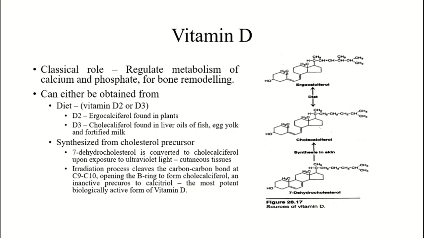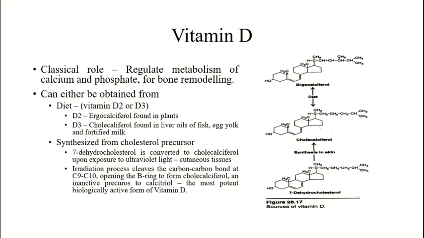Okay? Now, moving on to the second fat-soluble vitamin, which is vitamin D. It typically regulates the metabolism of calcium and phosphate, specifically for bone remodeling. It can be obtained from either diet or synthesized from cholesterol precursors.